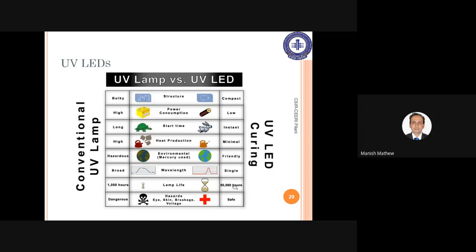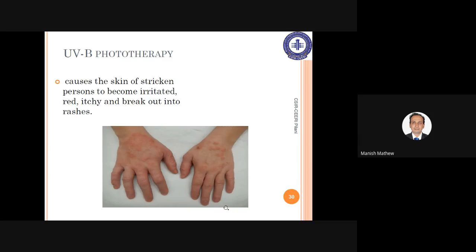The lifetime of this type of LED is around 50,000 hours or even more, and it's very much environmentally safe.